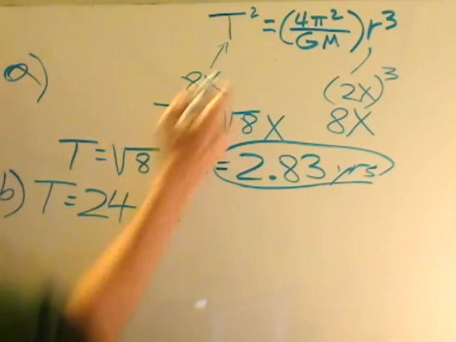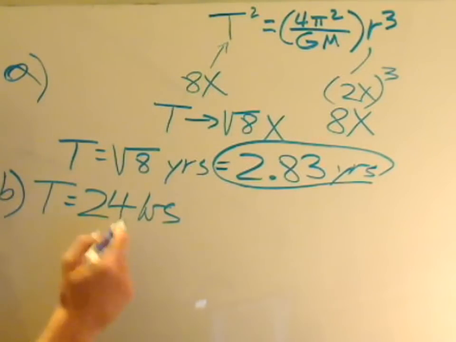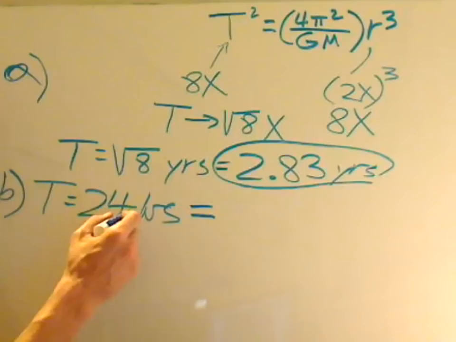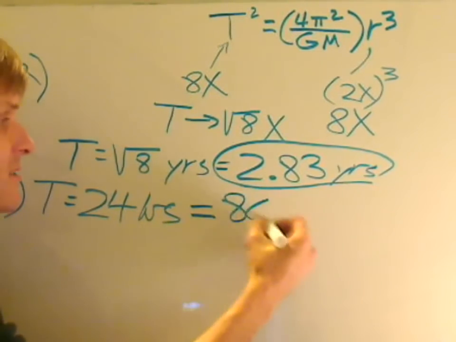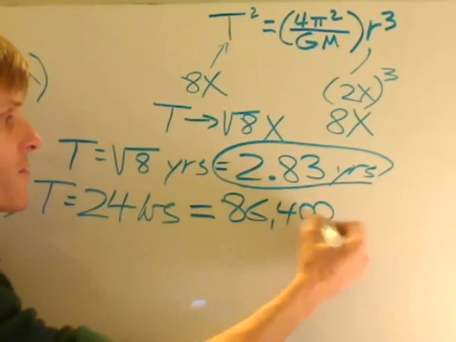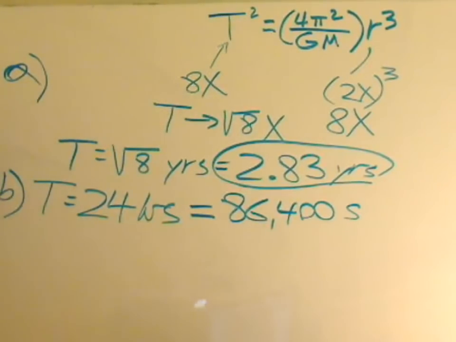Now to use Kepler's third law, we need this in seconds. So 24 hours, once you convert it to seconds, you multiply by 3,600 seconds in an hour, and you get 86,400 seconds. Now we can plug it into Kepler's third law.